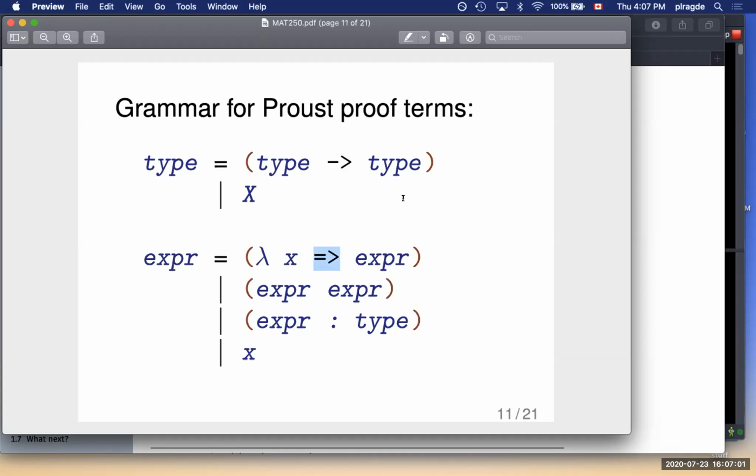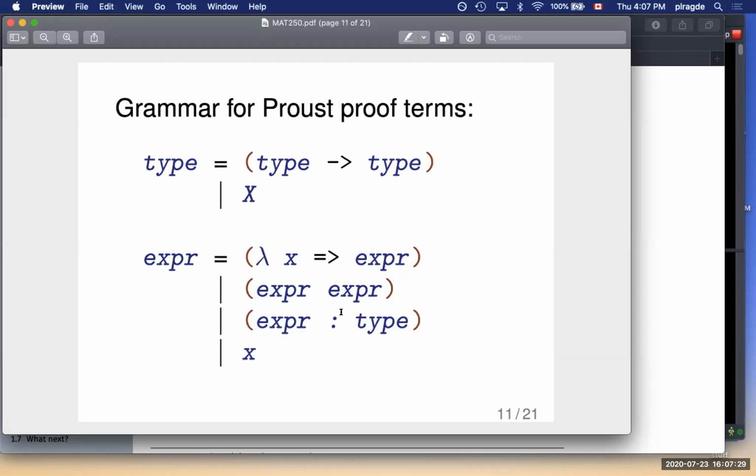Hopefully that's not going to be too confusing with respect to type synthesis, because it's the same double right arrow, but in this case it's formed from an equal sign and a greater than sign. And this lambda, it's easy to do in Racket, so I thought that was okay. And then function application is just like in Racket.